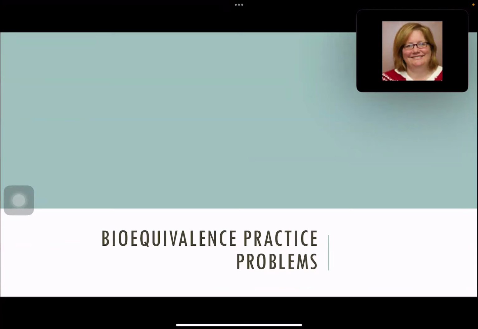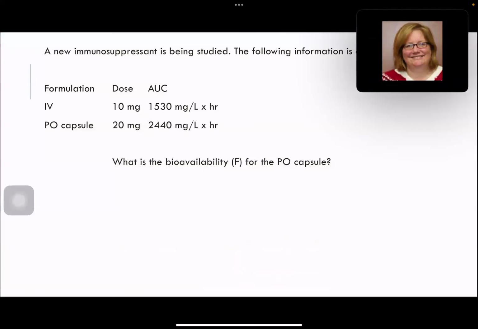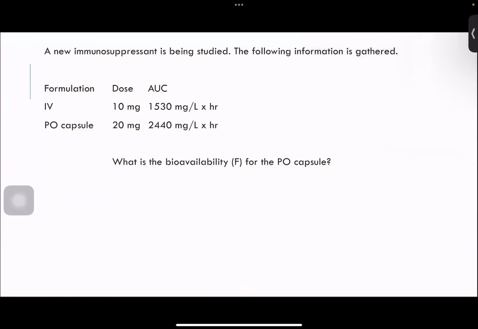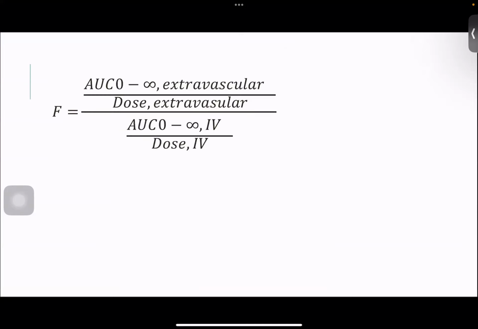Okay, we're gonna do bioavailability after we talk about bioavailability. We're gonna do bioequivalence first. Do you have a problem like this? Sorry, I'll go back in. I'll make another recording of that bioequivalence because I had paused the recording.